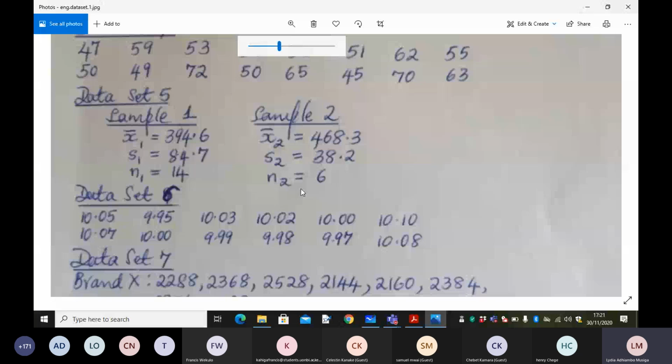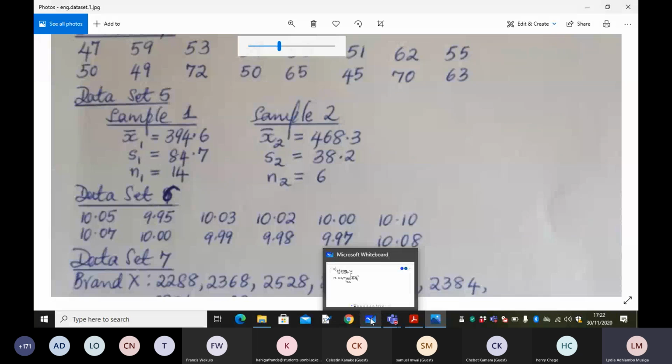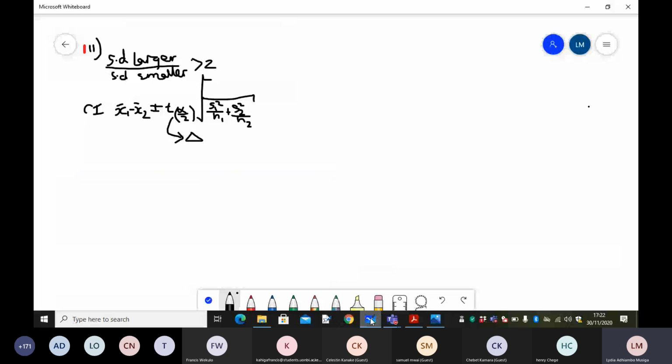So there, we are lucky we've been given S1 and S2. So we really don't have to calculate the sample standard deviations. Remember, what we need to do first is to check the rule of thumb. We can see that S1 is greater than S2, so we divide S1 by S2 to check for equality of population variances.